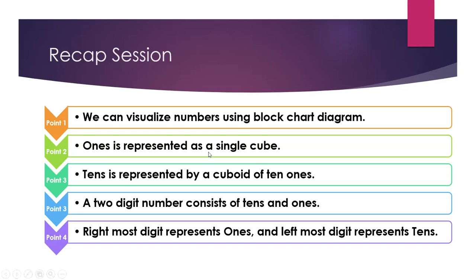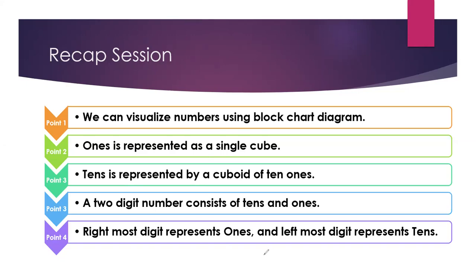Next, a two-digit number consists of tens and ones. Whenever we have a two-digit number, it has ones and tens. Similarly, the rightmost digit of a number represents ones and the leftmost digit represents tens. Let me show you an example that might get you confused.